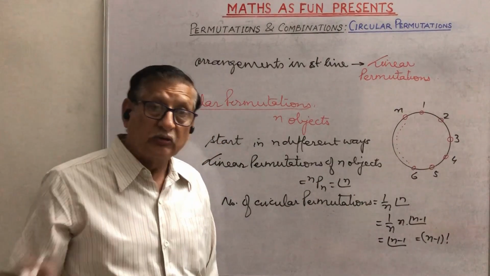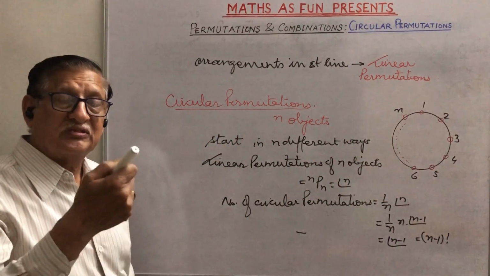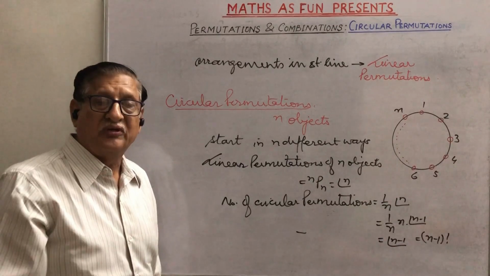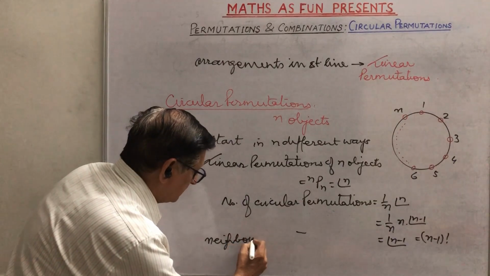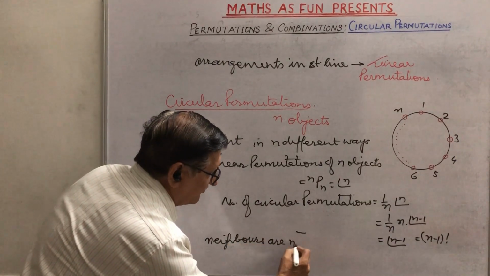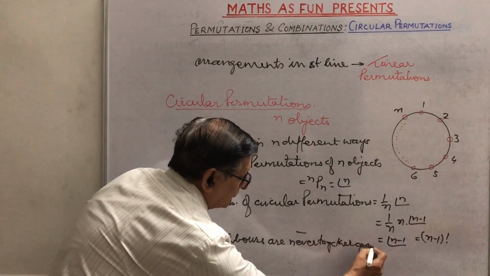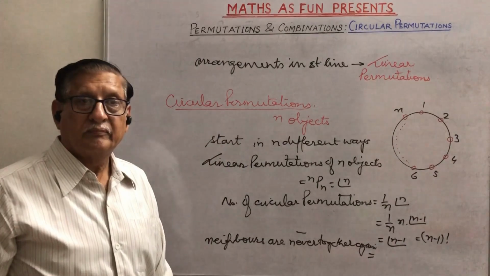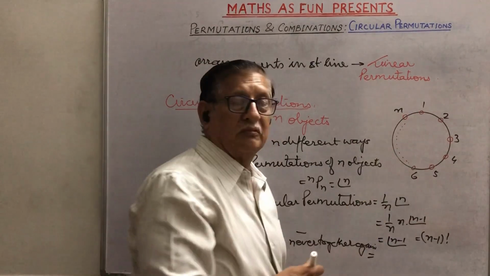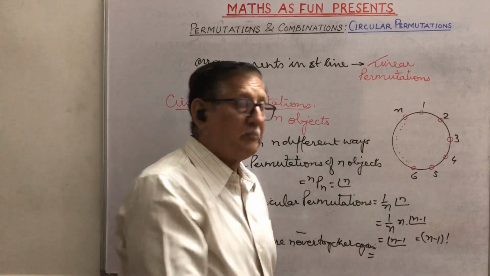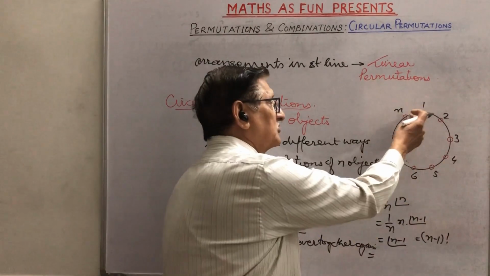Now suppose you want to arrange them in such a way that two neighbors are never together again in two different orders. See, here these two are adjacent to each other, they are neighbors, but we don't want them to be neighbors of each other again.